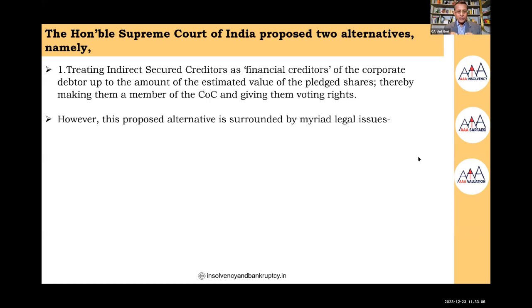One alternative is that we can consider the indirect secured creditor as a financial creditor to the extent of the estimated value of the pledged shares, thereby making them a member of the committee of creditors and giving them voting rights. However, this proposed alternative is surrounded by myriad legal issues. There are various legal issues which will come up in case we consider these creditors as financial creditors.